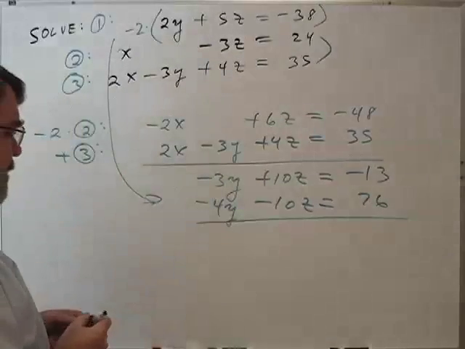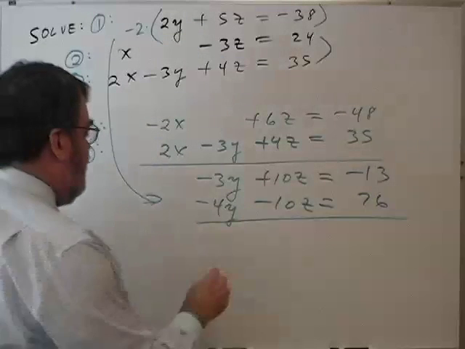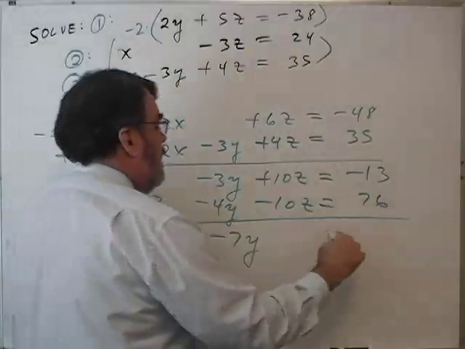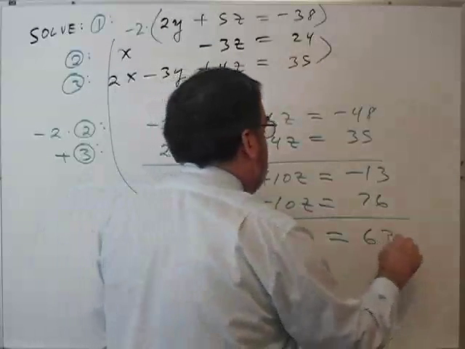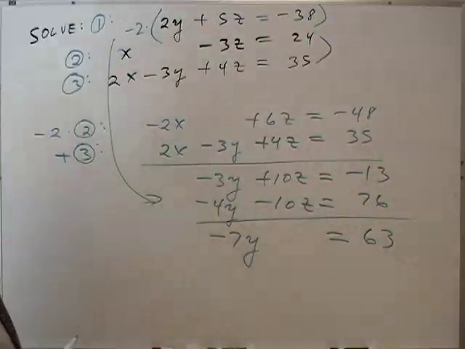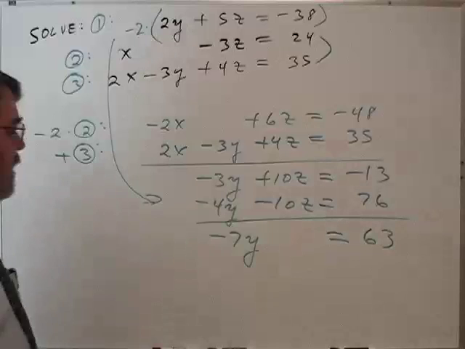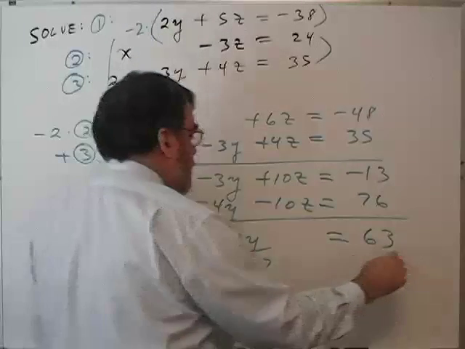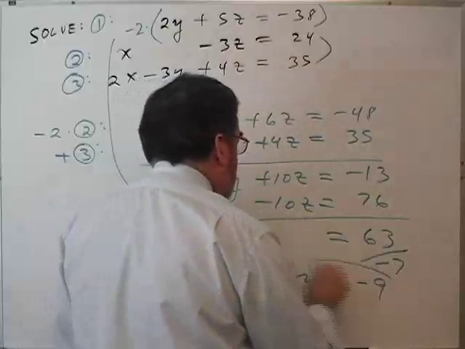So the z's cancel, and I'm left with negative 7y equals 63. So there we go. We've solved for y, rather quickly, in fact. Divide by negative 7, and y is equal to negative 9.